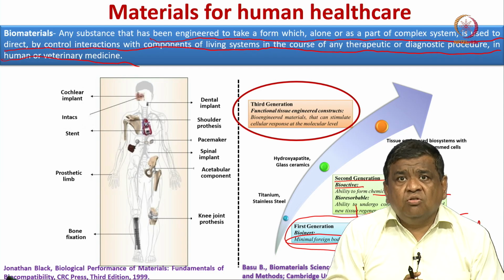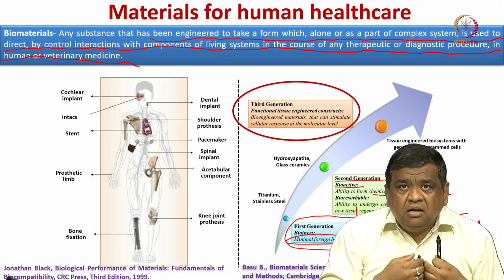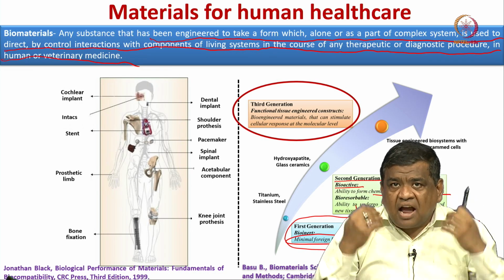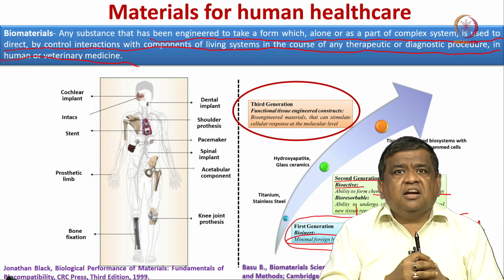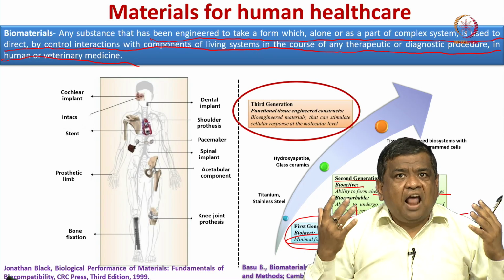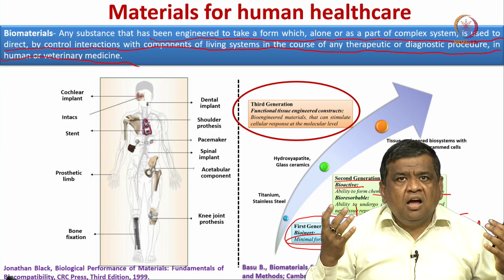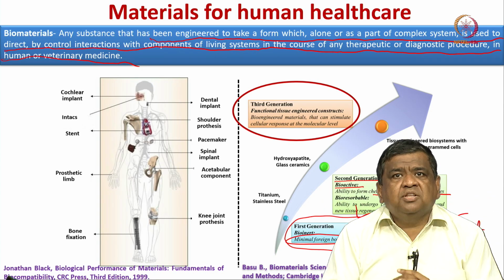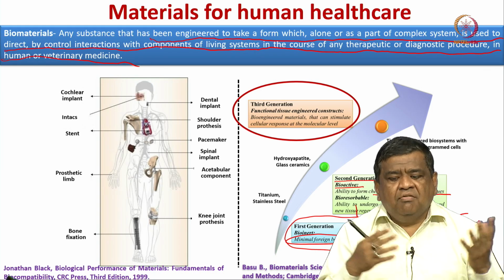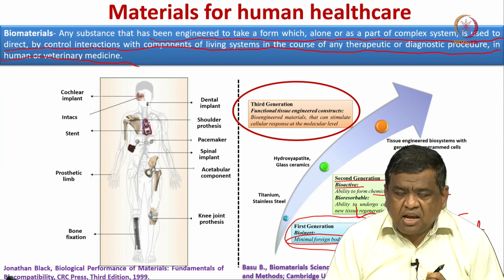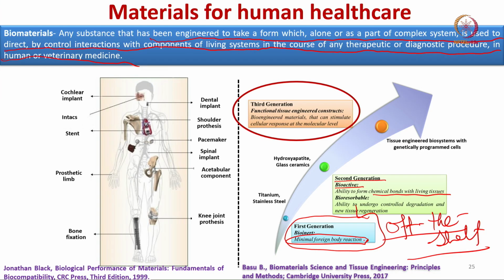Then slowly as biomaterial science has progressed, people have developed their understanding of how synthetic materials are accepted or rejected, and what are the underlying mechanisms of this acceptance or rejection by the living system. Then they have developed the second generation biomaterials like bioactive materials, which form chemical bonds with living tissue. Then you have the bioresorbable materials, that undergo controlled degradation and new tissue generation.